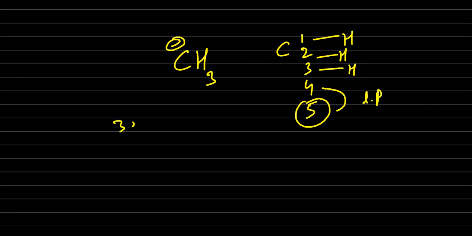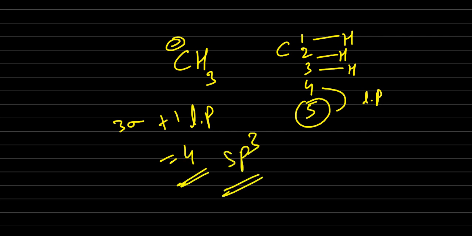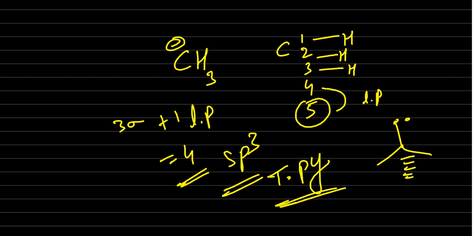Total 3 sigma, 1 lone pair, total 4. That means sp3 hybridization. sp3 means tetrahedral geometry, but here 1 lone pair is there. So the answer is trigonal pyramidal. Like this you can do cations, anions, whatever is given.